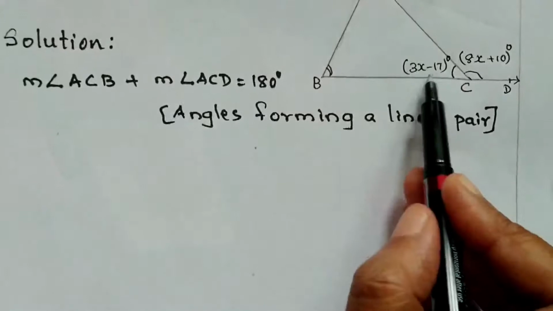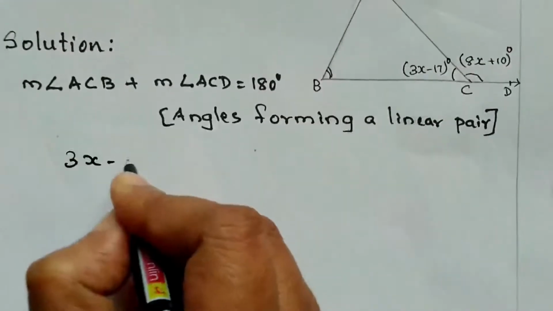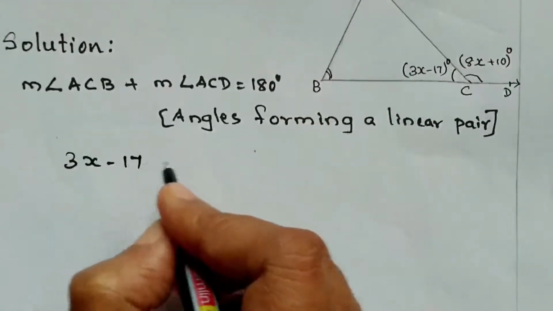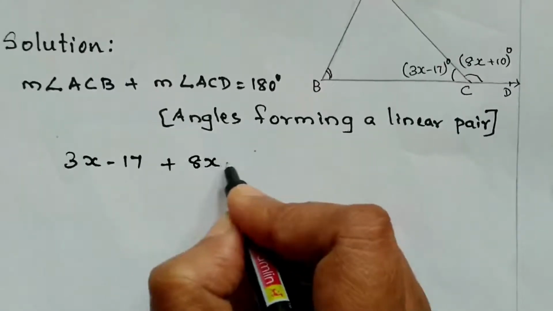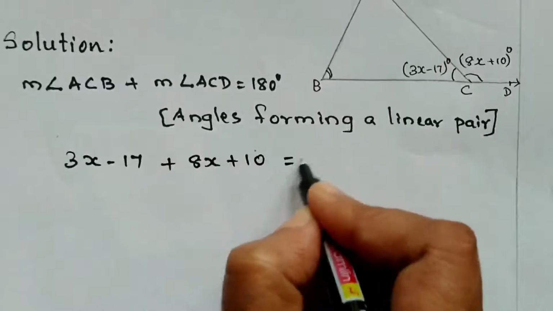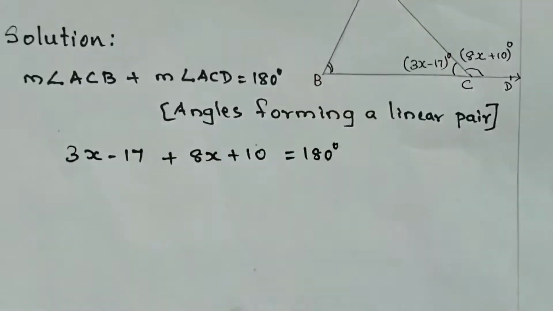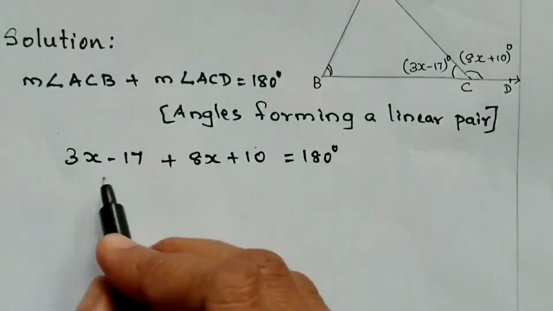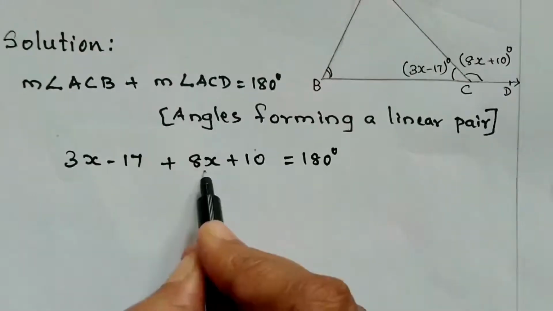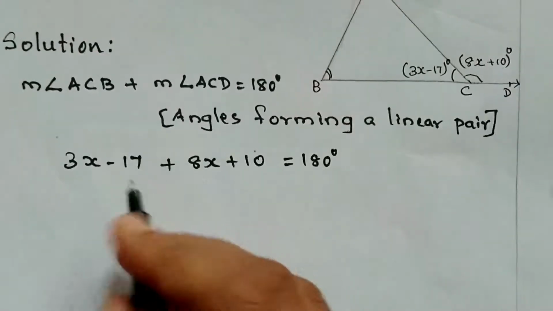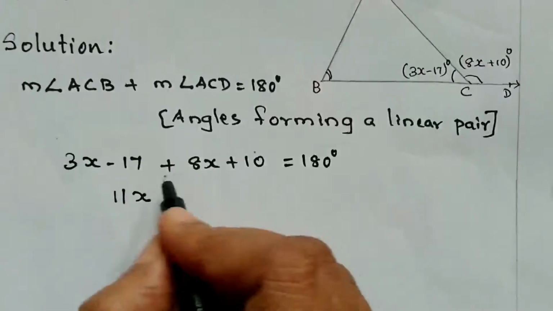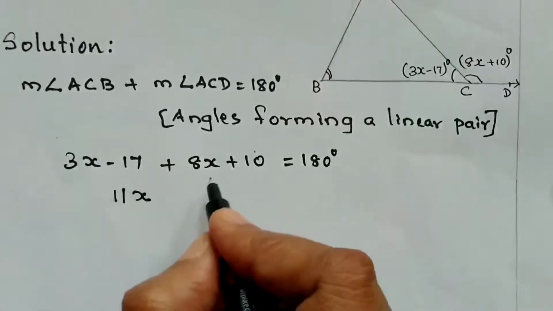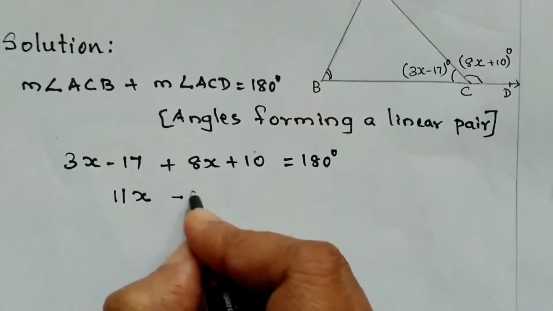ACB is 3x minus 17. 3x minus 17 plus 8x plus 10 is 180 degree. 3x plus 8x will give you 11x. That is 11x minus 17 and plus 10 will give you minus 7.